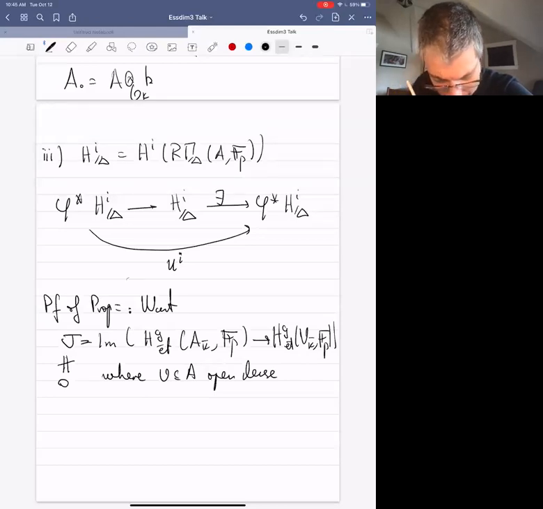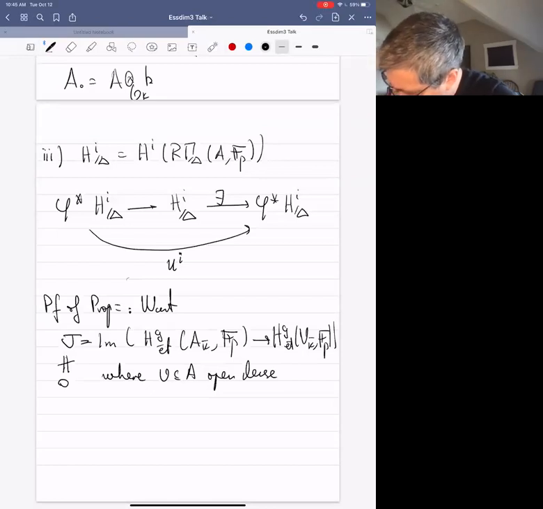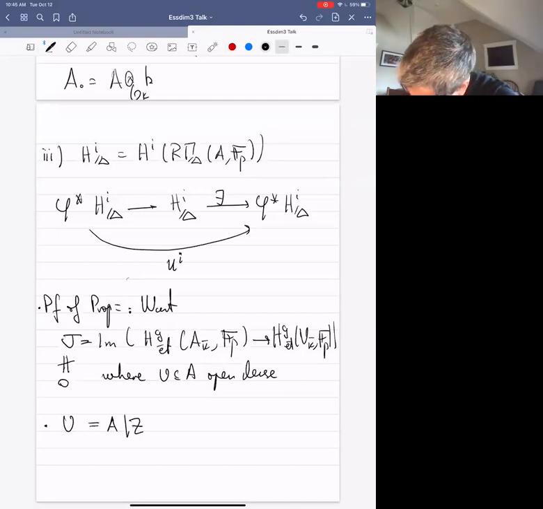So there's a little technical thing here, which I'm going to explain, but if you like, you can ignore it. So U is open in A, so it's the complement of some Z in A closed.